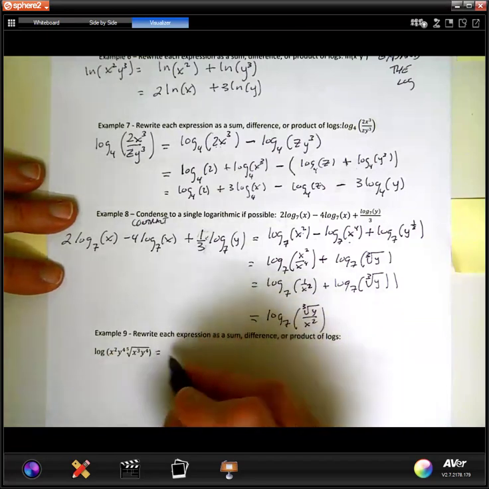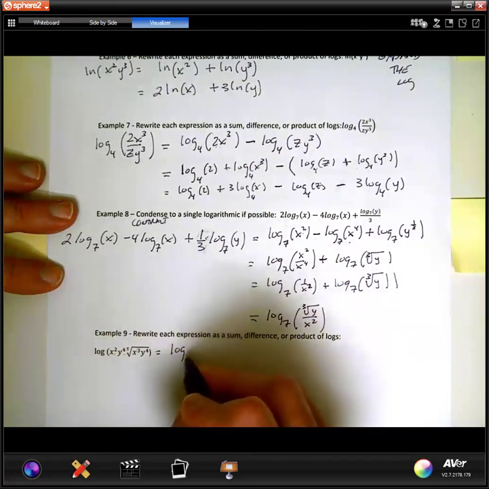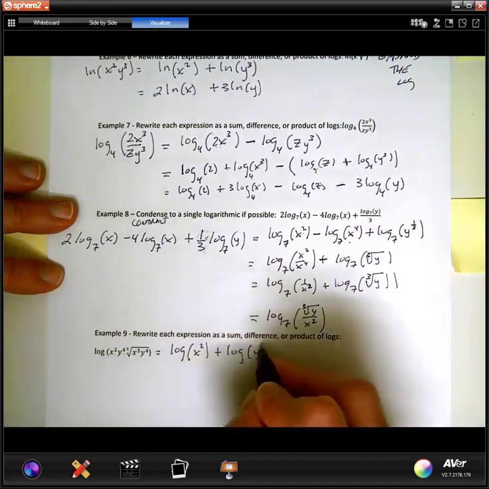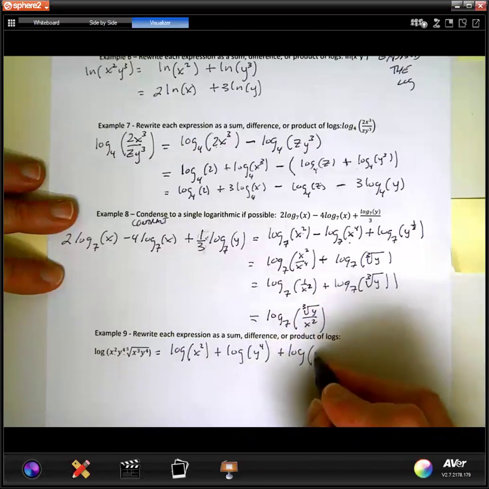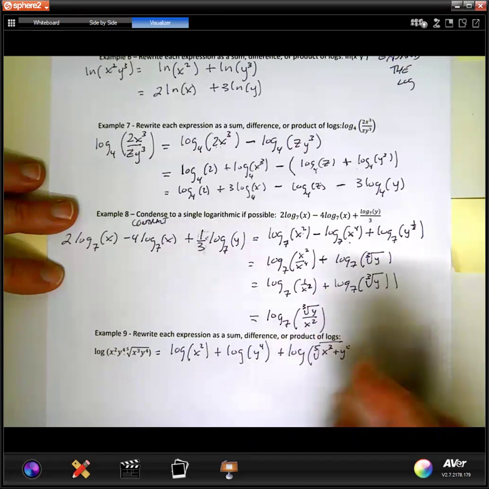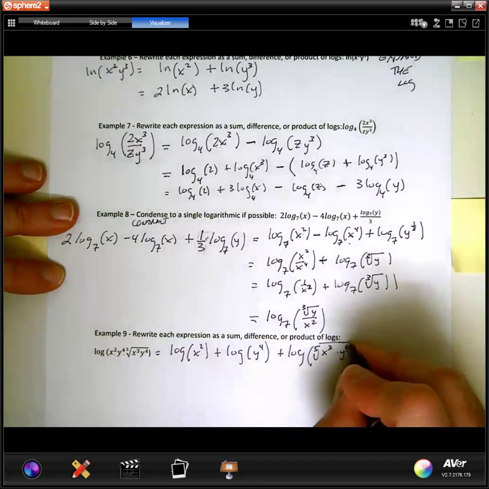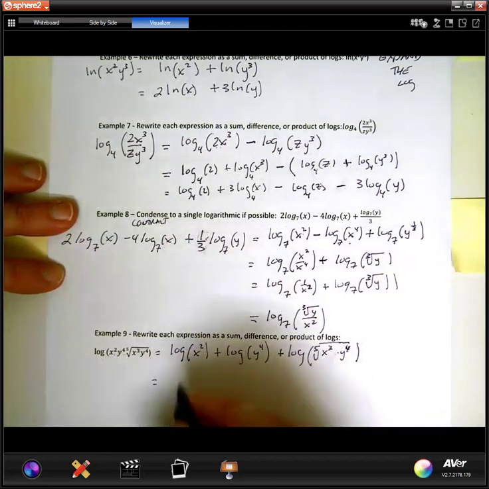I'm going to start with writing a product, and a product, for all products, like so. And this is log base 10, so we don't have to worry about base. Then I'm going to use the power rule, bring all these down.